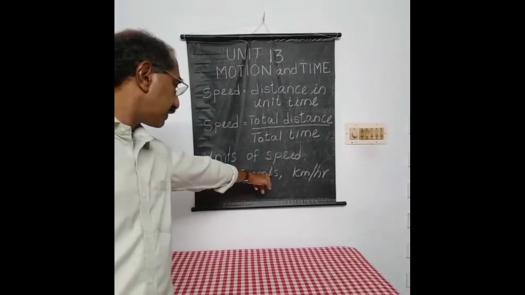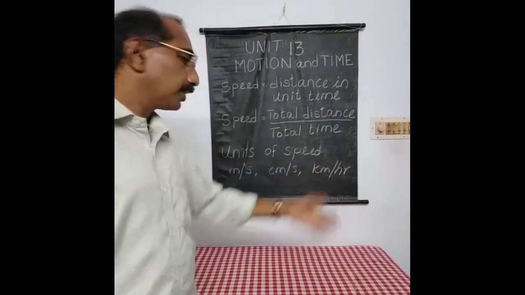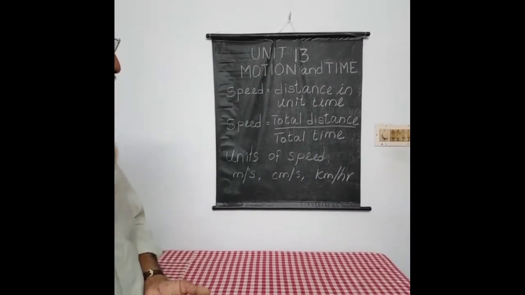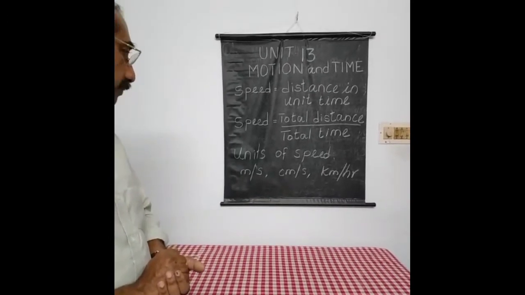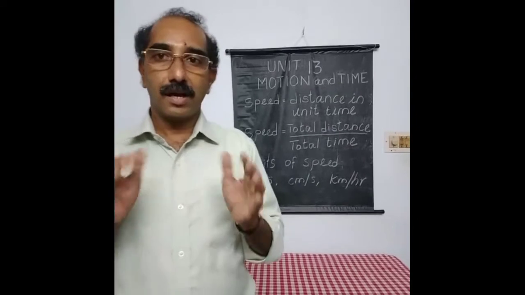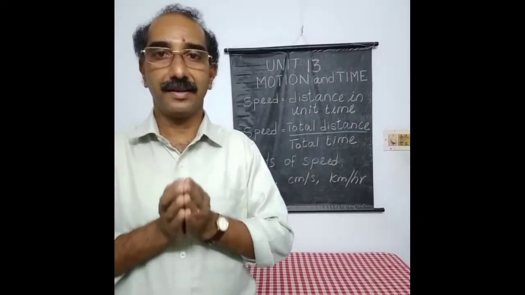Centimeter per second indicates how many centimeters an object travels in 1 second. Kilometer per hour indicates how many kilometers an object travels in 1 hour. These are some of the units of speed. Now, in the next section we can see how speed can be represented graphically in graphs.